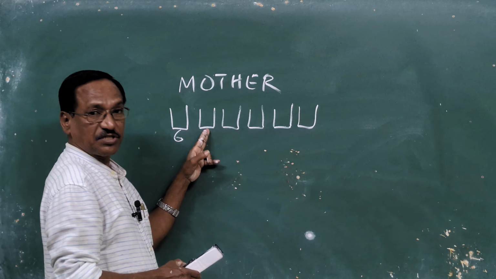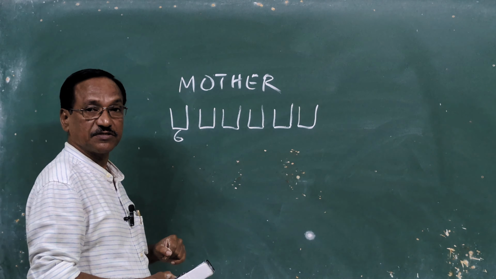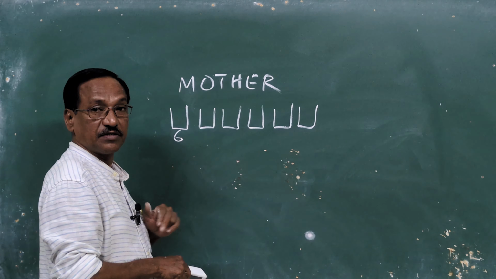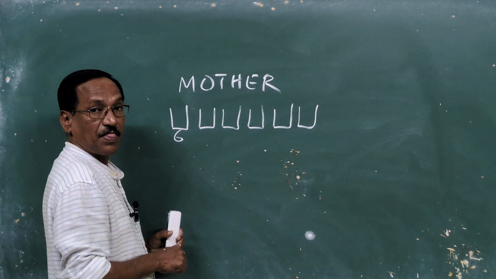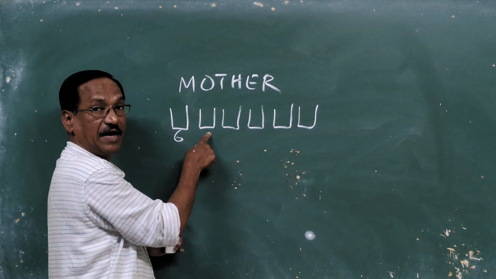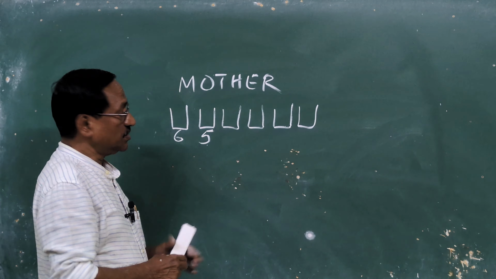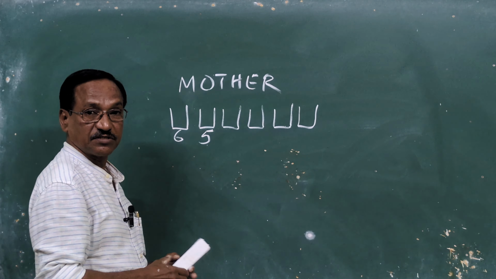Now, when we come to the second box, we have only 5 letters remaining with us. One letter we have kept in the first box. So the letter for the second box has only 5 choices. Then when we come to the third box, we have only 4 letters with us.